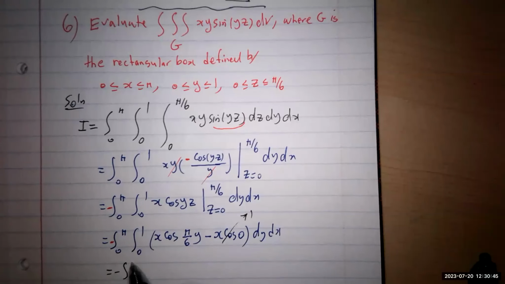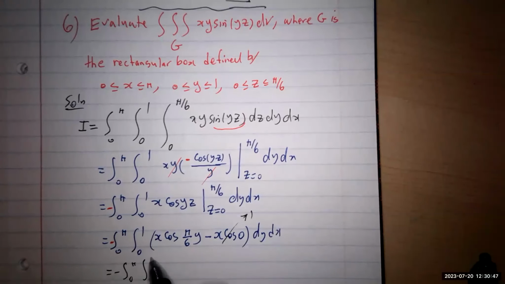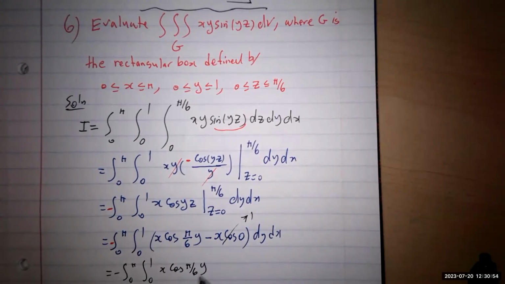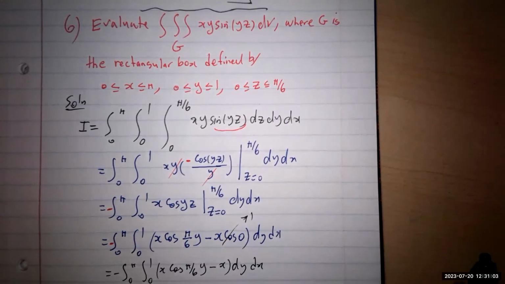So we end up with this. It's a negative, 0 to pi, 0 to 1. Now you have to integrate x cosine of pi/6 y minus x, integrate with respect to y, dx.